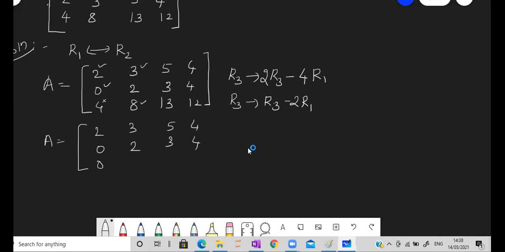So apply here R3 as 8 and R1 element as 3. It is 2 into 8 minus 4 into 3. 8 2s are 16 minus 4 3s are 12. How much? 4. So the answer is 4 over here.